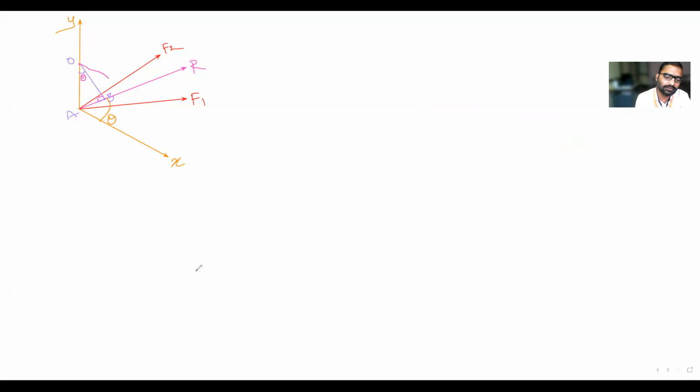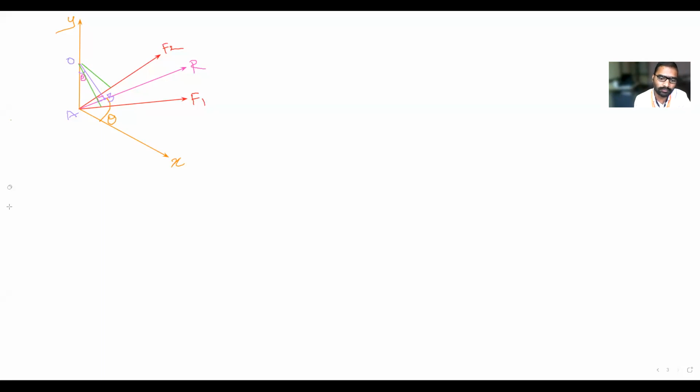Again, I will write one more term. I will drop a perpendicular from the moment center to the F2 force, and again from the moment center to the F1 force. All these are 90 degree perpendiculars.